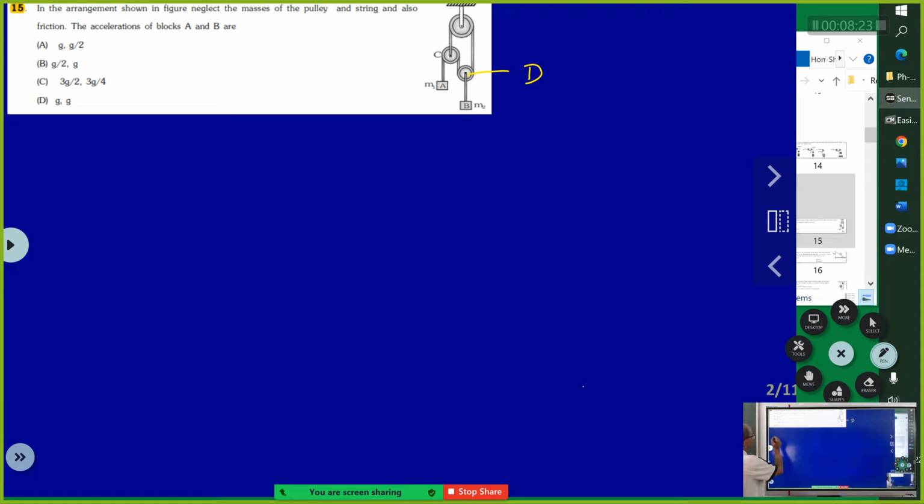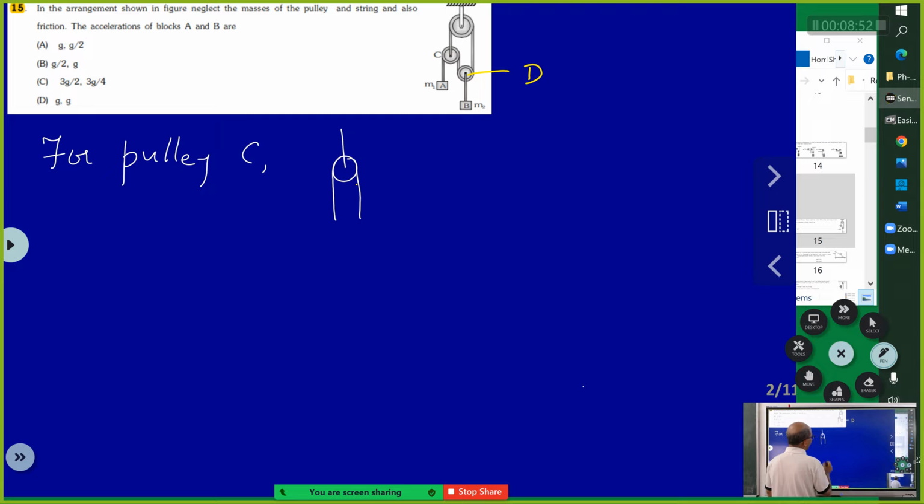So for pulley C, what you see here is there is a thread up and there are two strings down. So for this pulley, you have one string up and two strings down, but the tension has to be same.